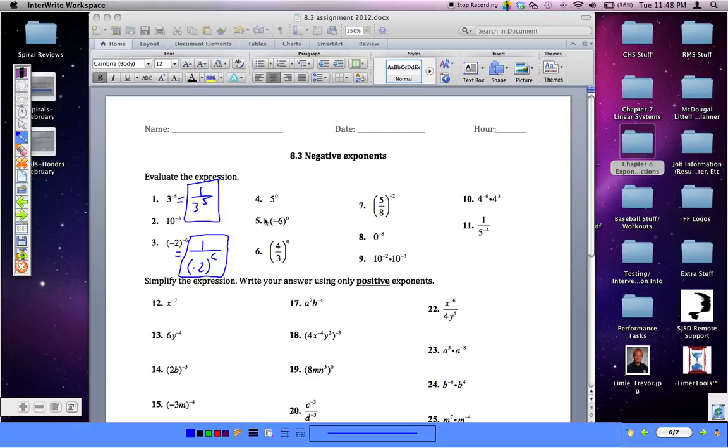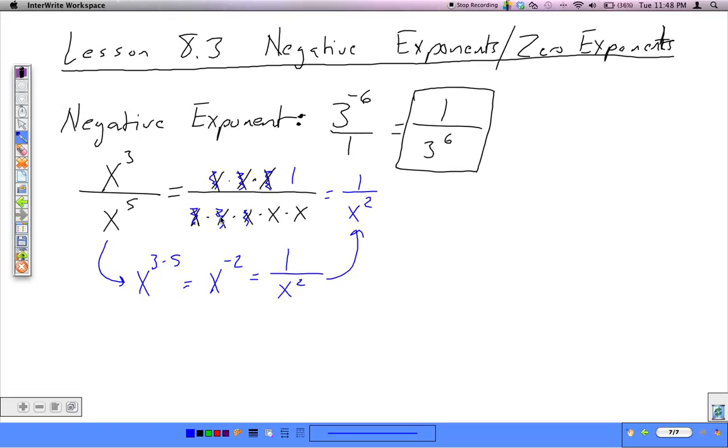Okay? Now let's jump in and show an exponent of 0. Creating a similar situation to prove a 0 exponent in the way it works.